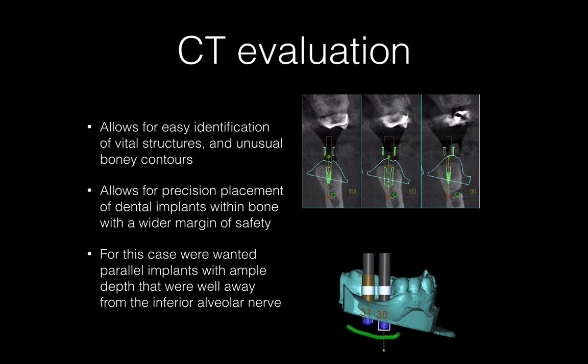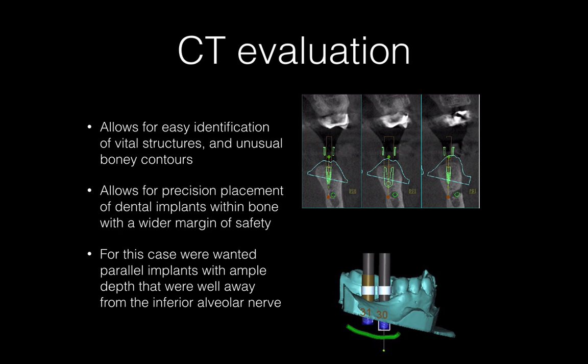This lets us see the 3 dimensions that the CT scan allows us. It allows for easy identification of the nerve that we spoke about before. Here it is still highlighted in green. And any unusual bony contours. If you look at the jaw at the top of the ridge, it looks certainly wider, but as you go down towards where the nerve is, you can see that it narrows.